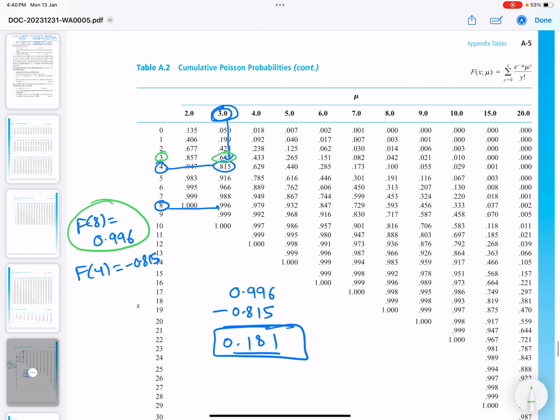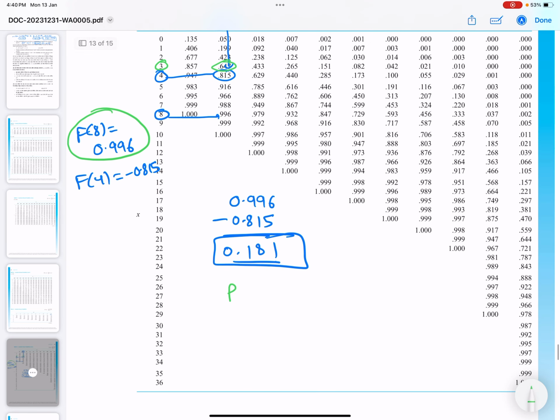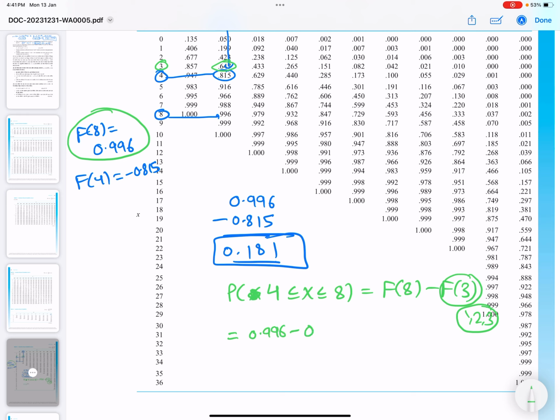F of 3 is 0.647, which includes 1, 2 and 3. So it is 0.996 minus 0.647, which is coming out to be 0.349. So this would be the probability that X would lie in this range.